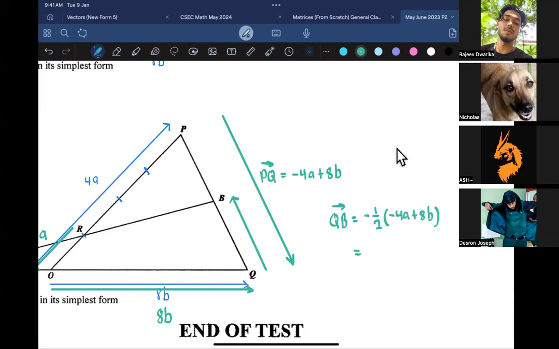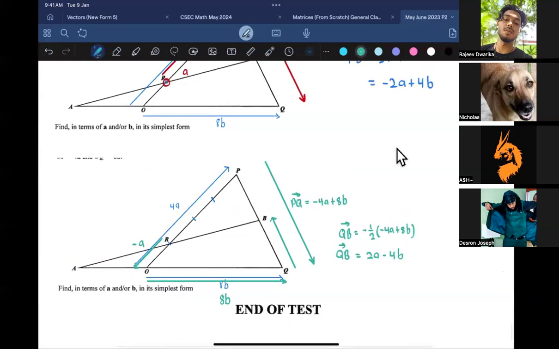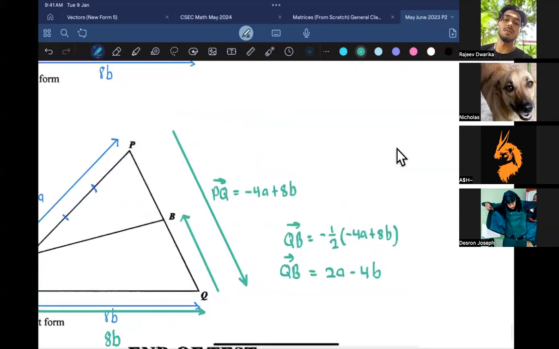So minus a half times minus 4A is what, Nicholas? Positive 2A. And what is minus a half times 8B? Minus 4B. Right, so I have all the pieces of my puzzle.